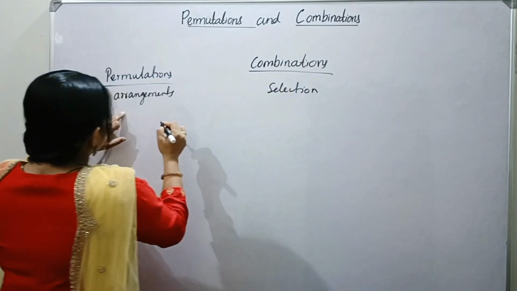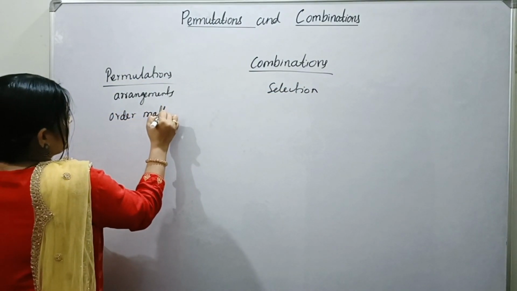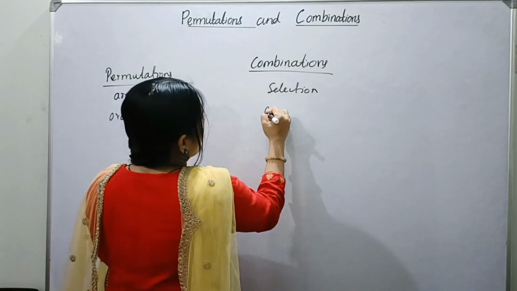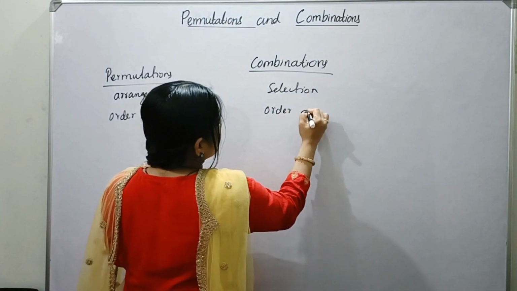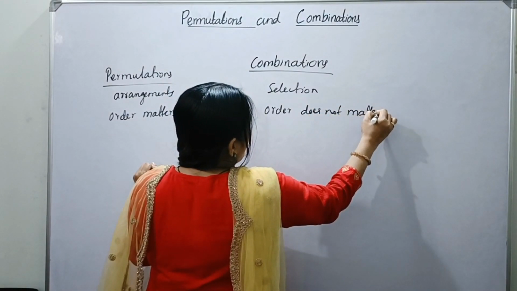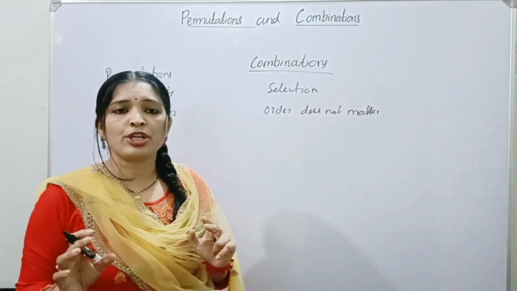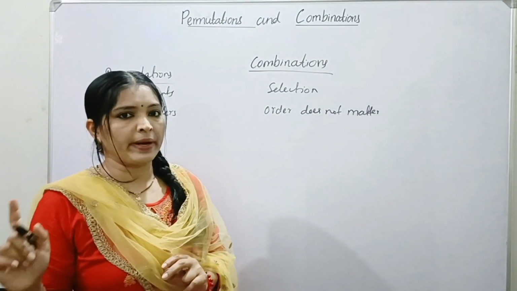Here order matters. Here order does not matter. Remember, in combinations order does not matter. It is the number of selections of objects when order does not matter.